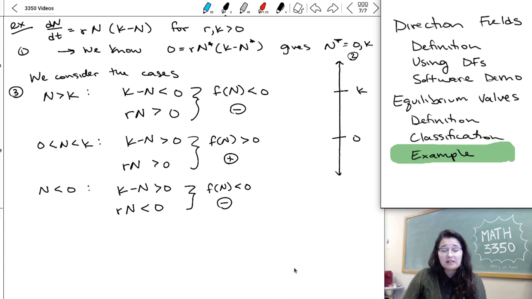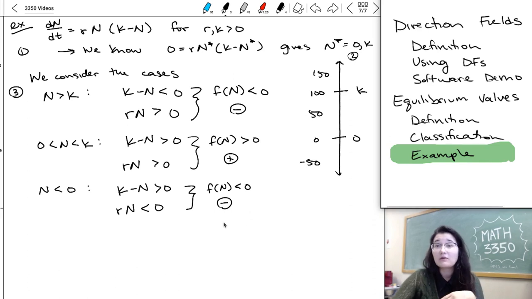I do want to mention that if this positive negative reasoning is hard for you, you can always just plug in numbers. Like you would have to say that K is 100, which when you're doing your homework problems, usually they will use numbers instead of parameters. And here's 0, so you could just say, I'm going to test 50, 150, and negative 50.